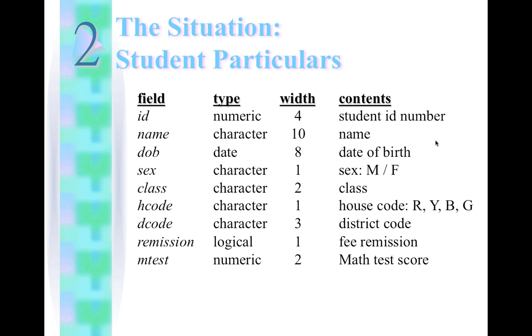ID, name of the student, date of birth, whether he's male or female, class, a house code or a district code, and something like a score. Or all his report. Like if he has 7 subjects, we may capture all 7 subject marks. Just think about it that way. That is what is called a table.